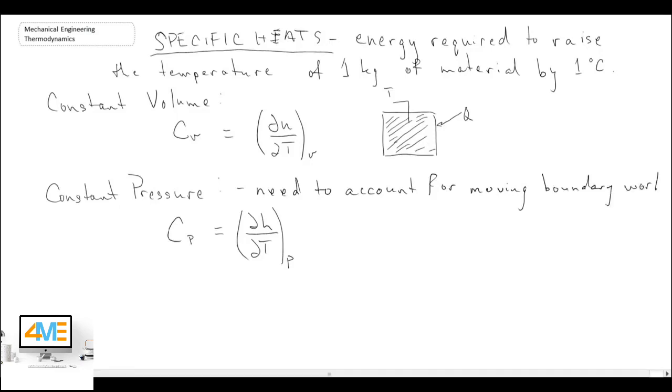So just to show you a little schematic, let's say this was the vessel with which we want to test our specific heat of some material. I'll show the boundary here. So we have a gas or a liquid inside of this, and what we're doing is we're injecting or adding heat.